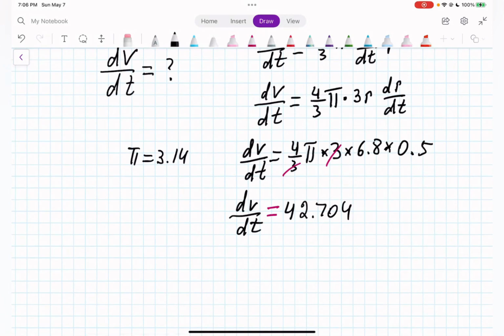It's coming out, I think, way too slow. 4 times 3.14 times 6.8 and times 0.5. Well, yeah, we are getting 42.704.